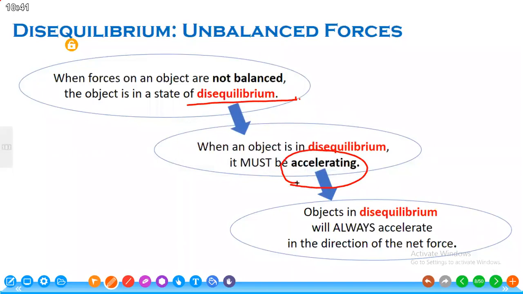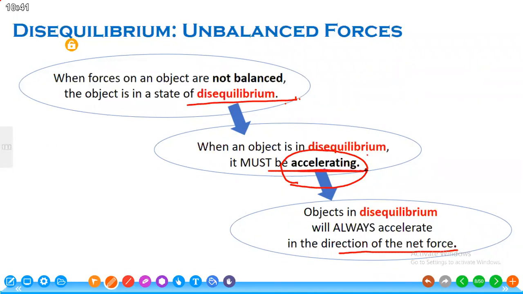And objects in disequilibrium will always accelerate in the direction of the net force. Three facts studied: state of disequilibrium, and when an object is in disequilibrium, it must accelerate.